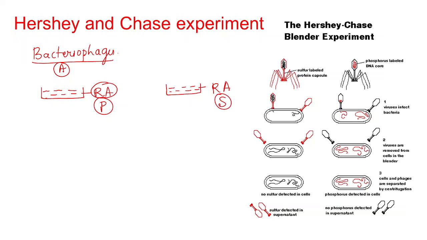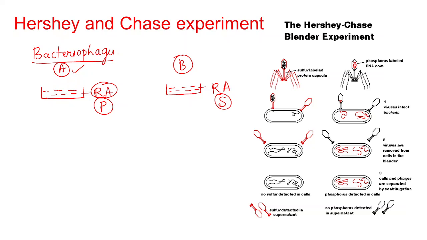The first one, setup A, was containing the medium having radioactive phosphorus, and in setup B, the medium in which bacteriophages were grown was containing radioactive sulfur. For several generations, the bacteriophages are cultured in these two media.